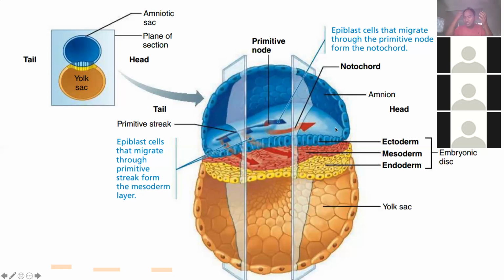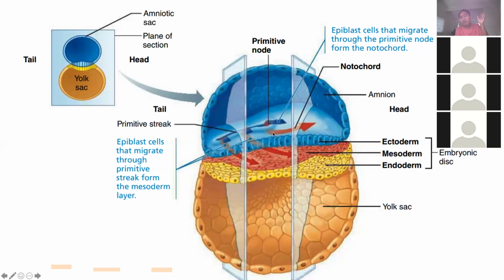The notochord is going to change into the brain and spinal cord and that sort of structure, neurological and spinal structures. This is the ectoderm, which is the driving force from the primitive node towards the head end. So one end of the three layers will become the head, and one end will become the tail.